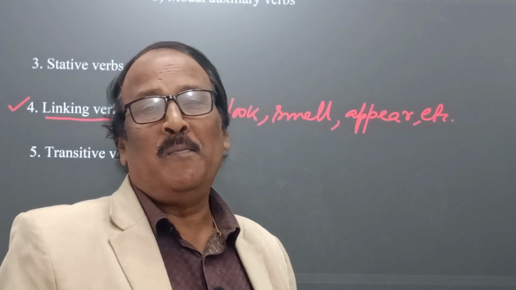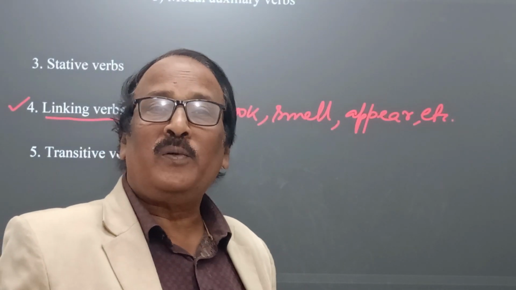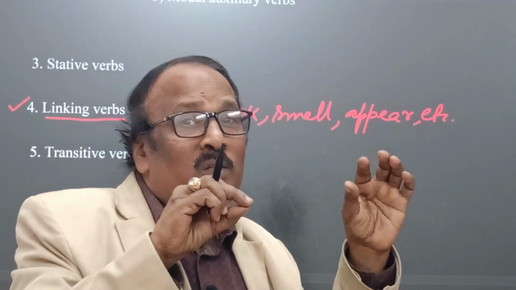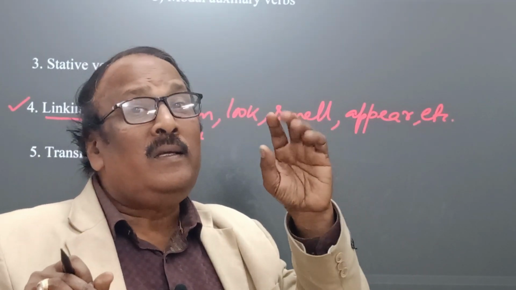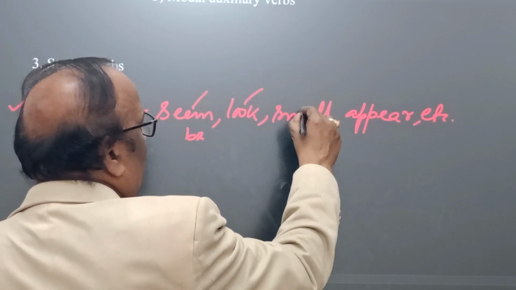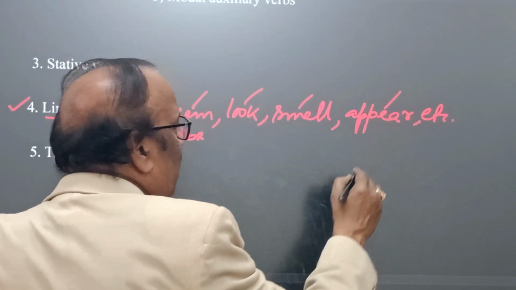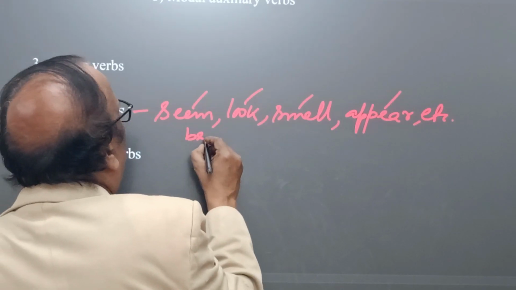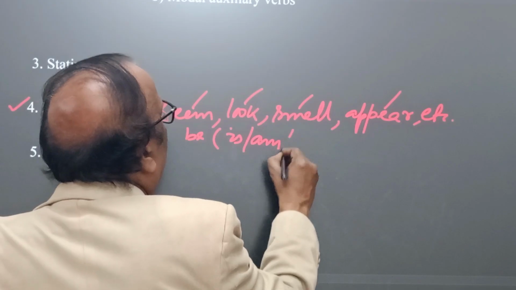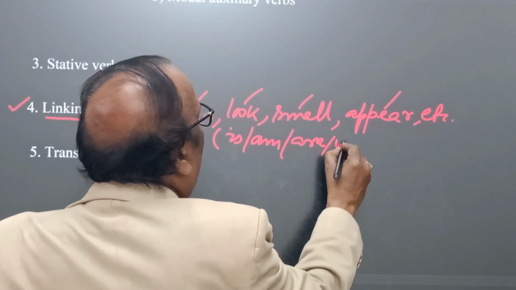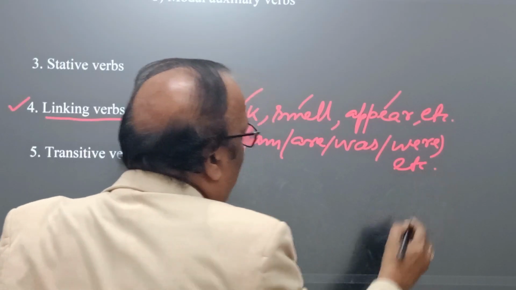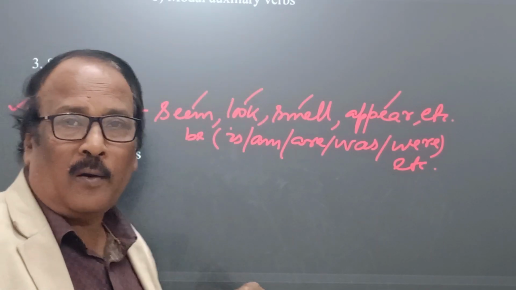Point 4. Linking verbs. Linking verbs play the role of a connecting bridge in between subject and complement to express the meaning. Seem, look, smell, appear, etc. Side by side, be, is, are, was, were, etc. are called linking verbs.